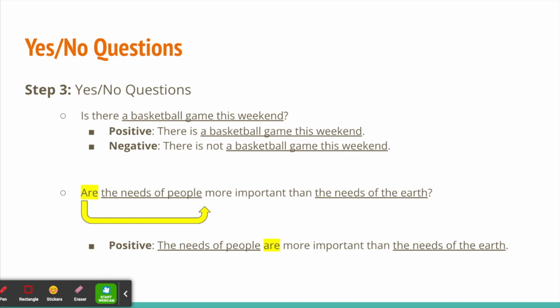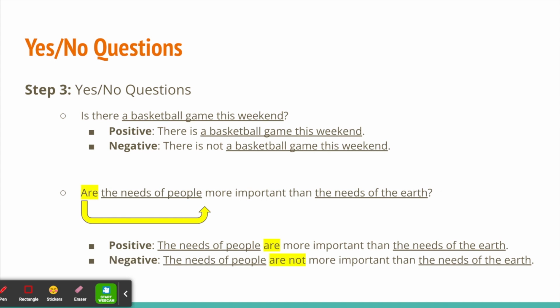So you can say in the positive form, the needs of people are more important than the needs of the earth, putting the word are in between our two subjects, or answering it negatively, you would say the needs of people are not more important than the needs of the earth. So these are two examples of how to answer a question positively or negatively.